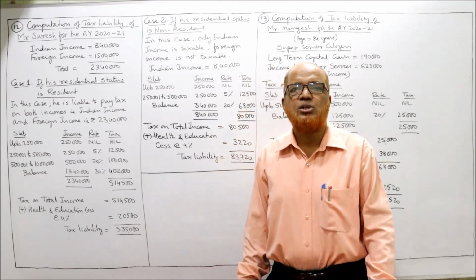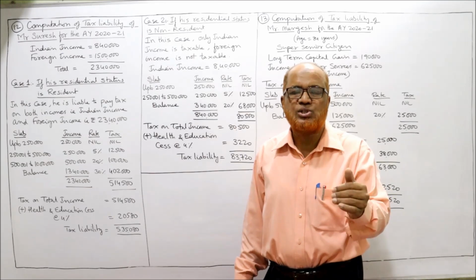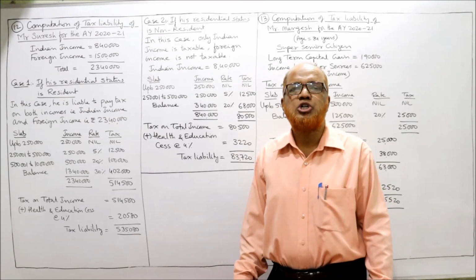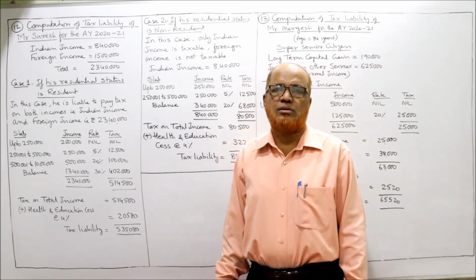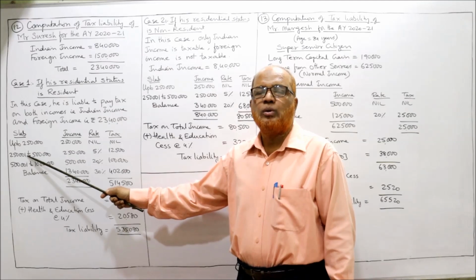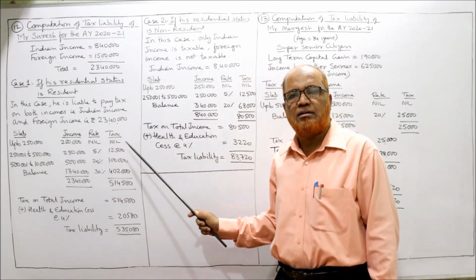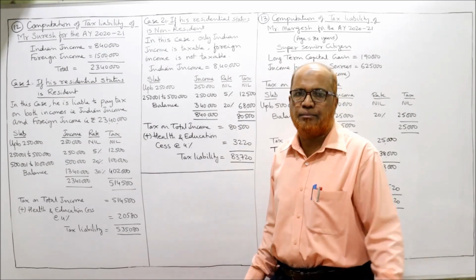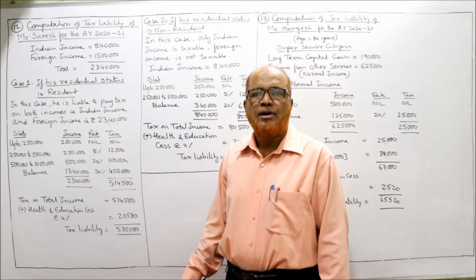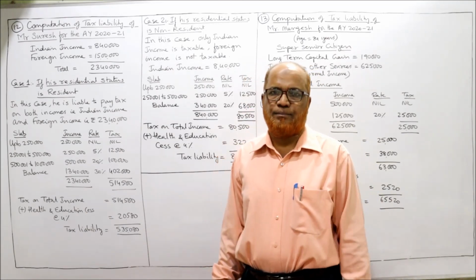Assuming that the assessee is non-senior, below 60 years, the 4 slabs will apply. The basic exemption limit is 2 lakh 50,000 for a non-senior citizen. So the first slab is up to 2 lakh 50,000, income is 2 lakh 50,000, rate is nil, income tax is nil. Second slab from 2 lakh 50,000 1 rupee to 5 lakh.